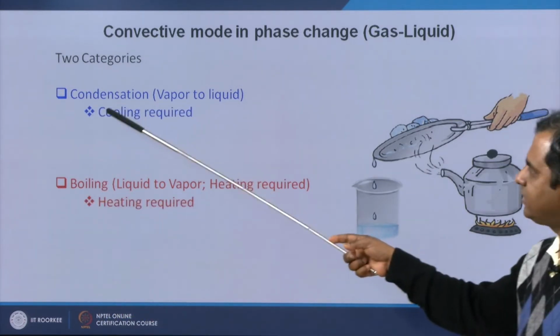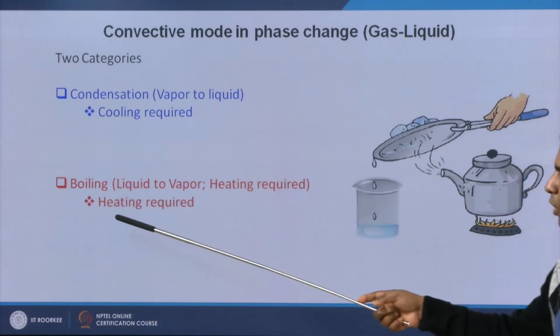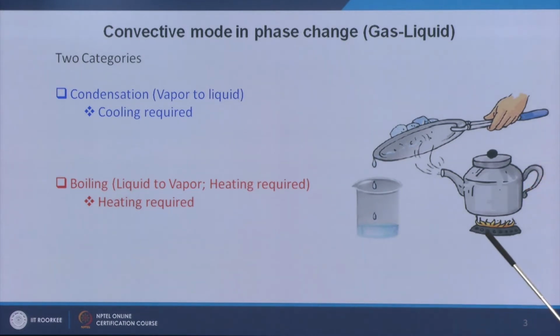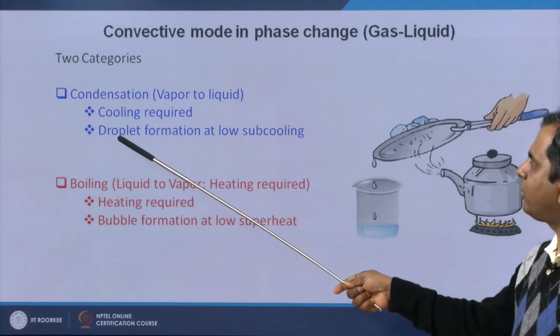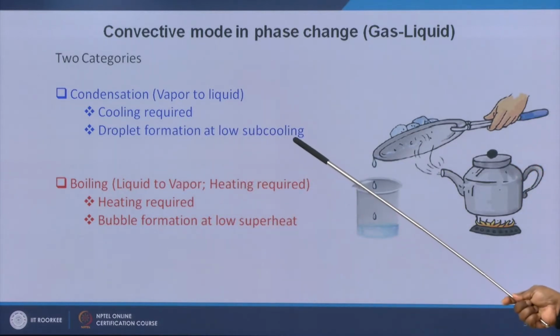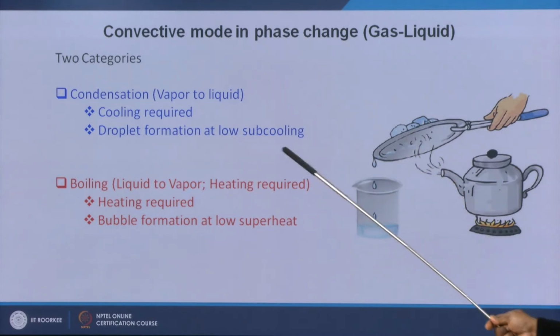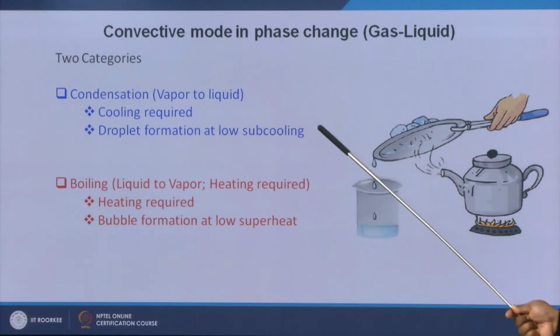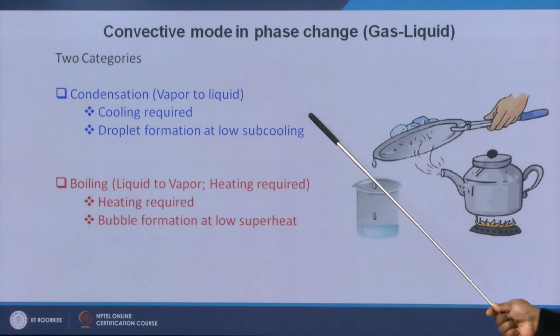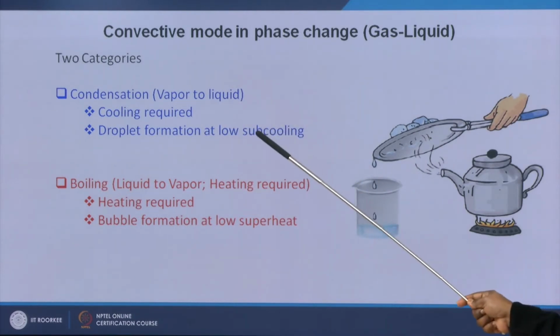For condensation we require cooling, whereas for boiling we require heating. Next, droplet formation at low subcooling. What is subcooling? If the temperature is lower than the saturation temperature, that is called a subcooled condition, and the degree of lowerness is called subcooling.